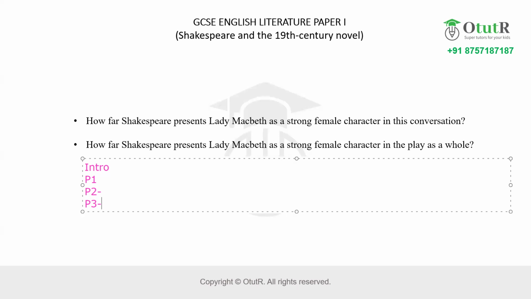Following this, we can move to paragraph 3. Now we are talking about the play as a whole. Whenever you have to do this, look at the character arc. Character arc is about the character's journey throughout the play from the beginning towards the end. So we have already made a statement in the introduction about how she comes up as a very strong and dominant character initially, but it is not long lasting.